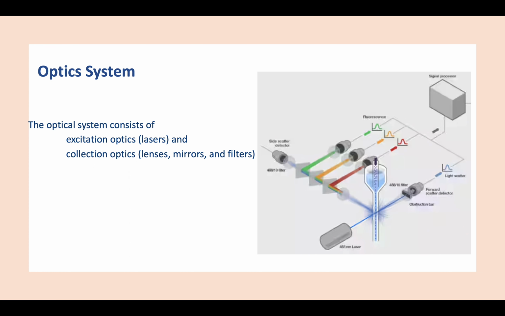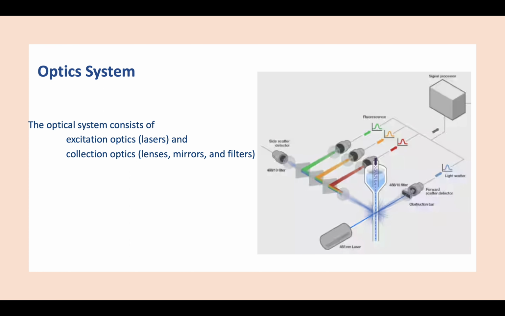So what happens is that when these cells pass through the interrogation point, in addition to picking up the forward and side scatter signal, it also picks up the fluorescence signal with the help of different lenses and filters that are placed inside the flow cytometer. Okay?